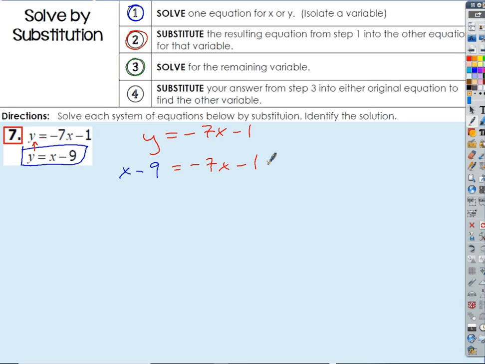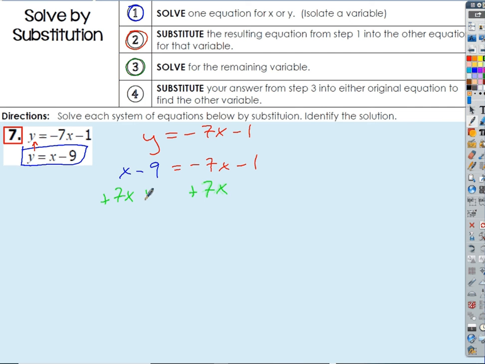So step 3 then is we got to solve this thing. Well, what would the steps be? You're great at this. What are the steps to isolate x here? Combine like terms. Where am I going to push the variables, left or right? To the left, good. So we'll add 7x to both sides, right? We're going to push the numbers the other way, right?